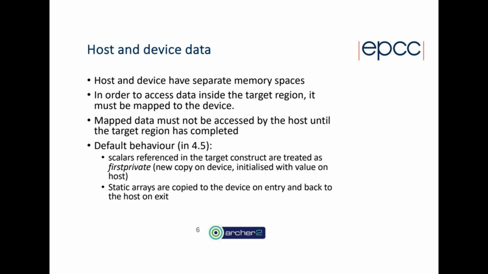During the target region, only the device is allowed to access the variables with that name, and the host is not allowed to access them. That rule prevents any inconsistencies in the values of those variables.